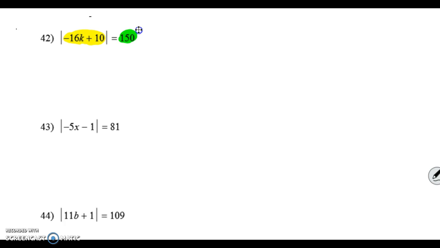Now, we're just going to start right with negative 16k plus 10. That's our location. Everybody says the first location is at negative 150. See what I did? I switched it up there.